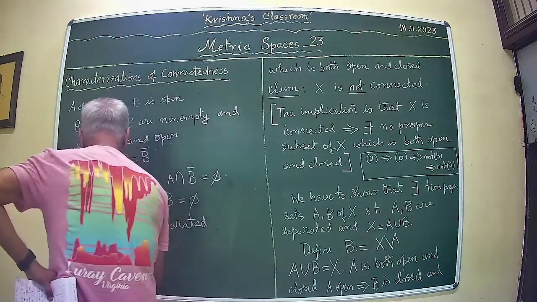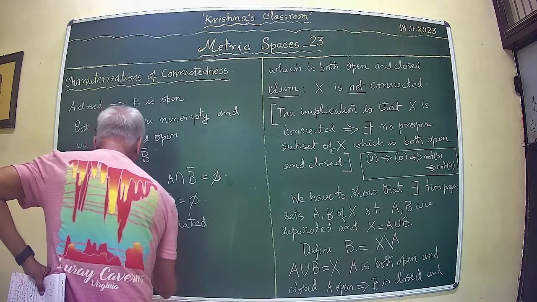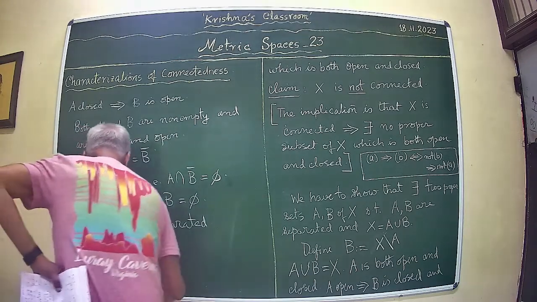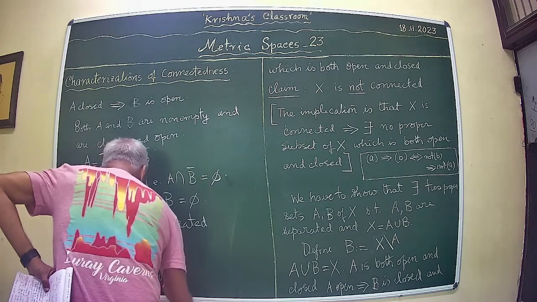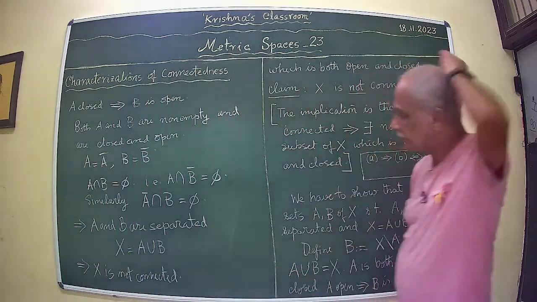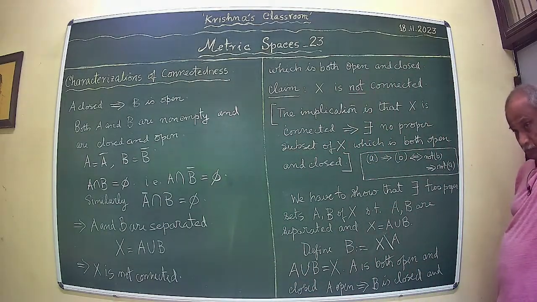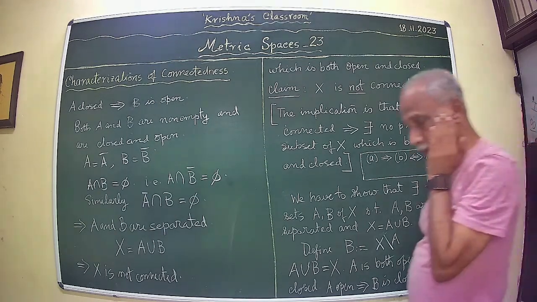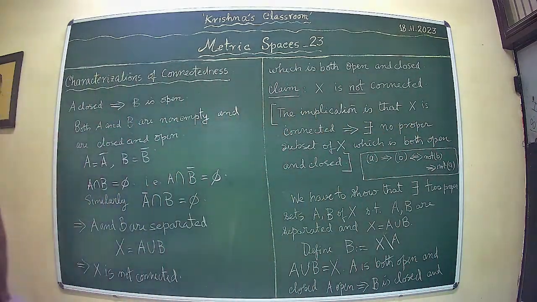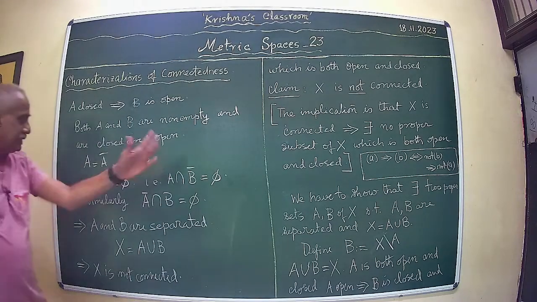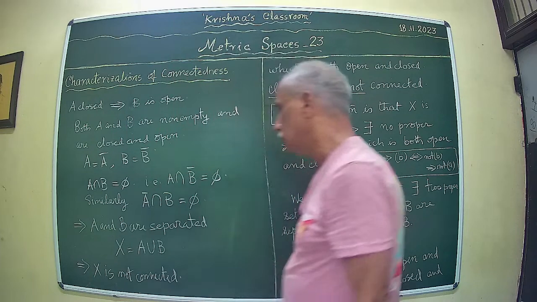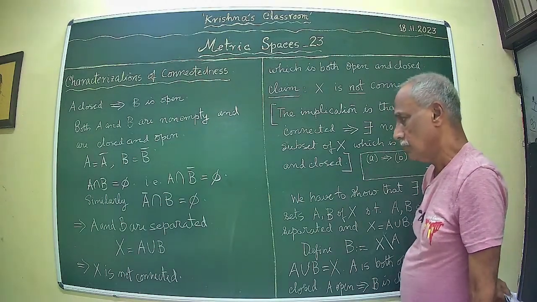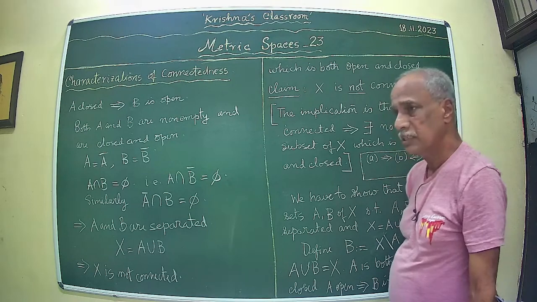Now X is equal to A union B. So if there exists a non-trivial subset of X which is both closed and open, then we are able to split X as the union of two disjoint sets A and B, with the property that they are separated.